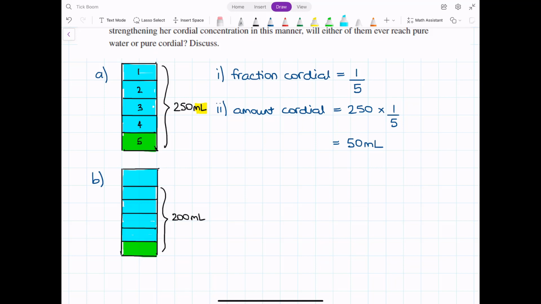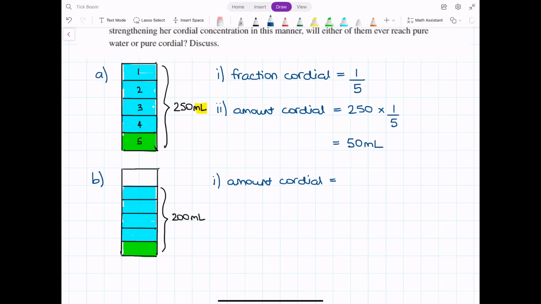So how much cordial would be in this mixture? Well, the way we could do that is we could say the amount of cordial is now equal to, instead of 250, we could take the amount before the extra water is added.